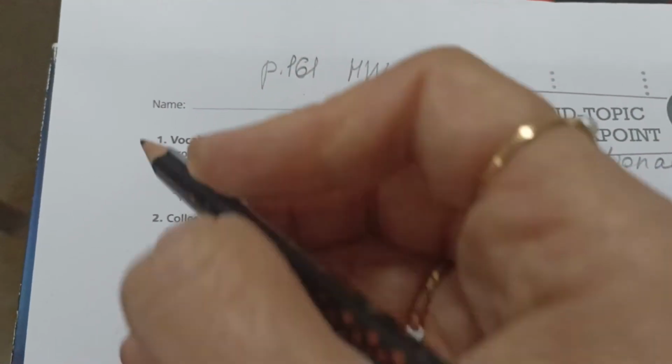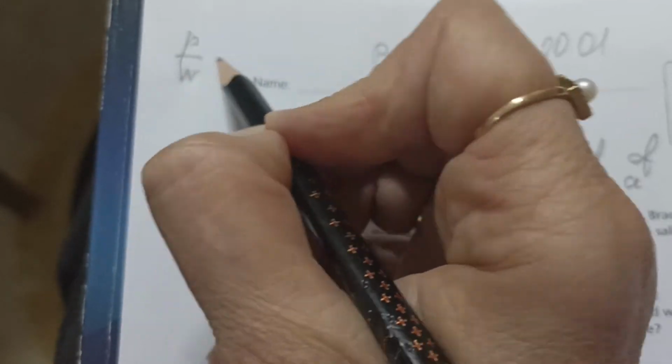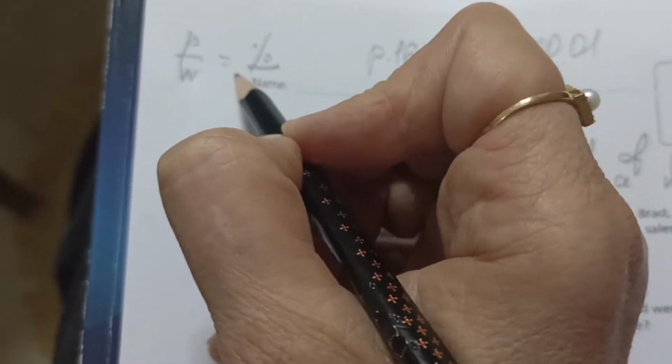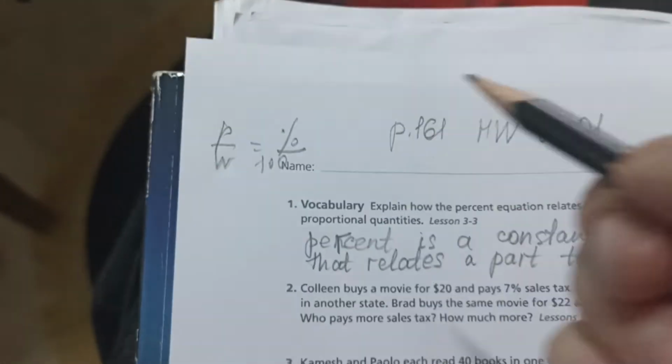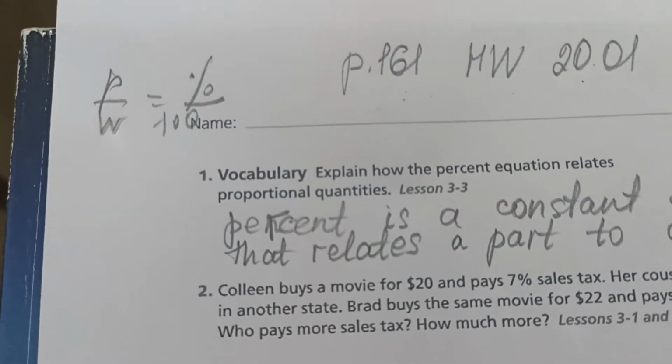Remember our magic formula that we learn by heart, that part over whole equals percent over 100. Using that formula we can find any part that we need.